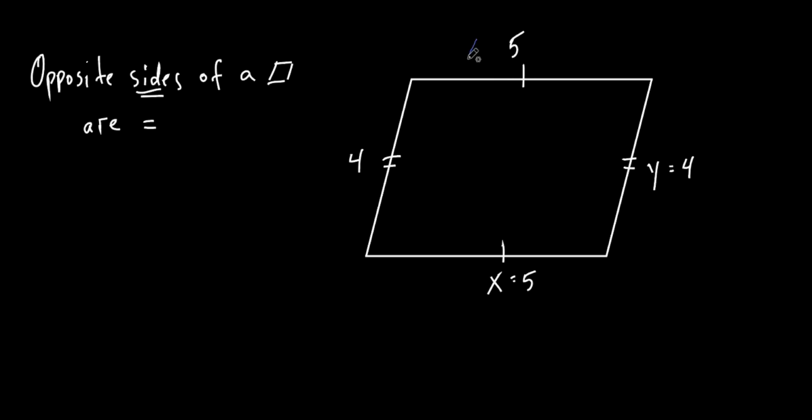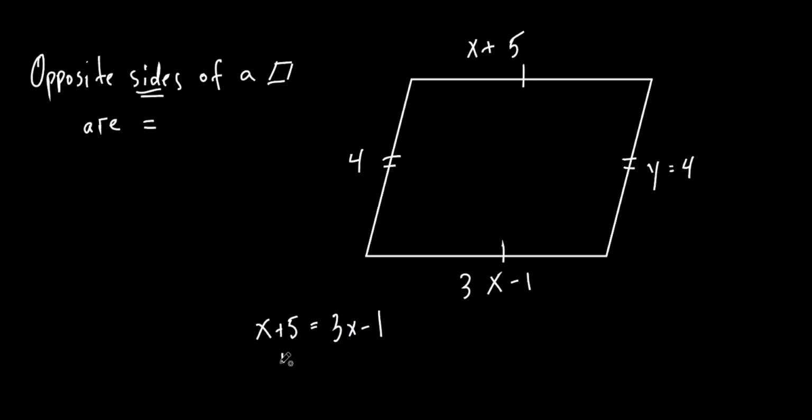I'll probably put like X plus 5 and maybe make this thing, I don't know, 3X minus 1 or something like that, okay? So what would you do with these two? Let's actually do it. So X plus 5 equals 3X minus 1. And then just solve, right?